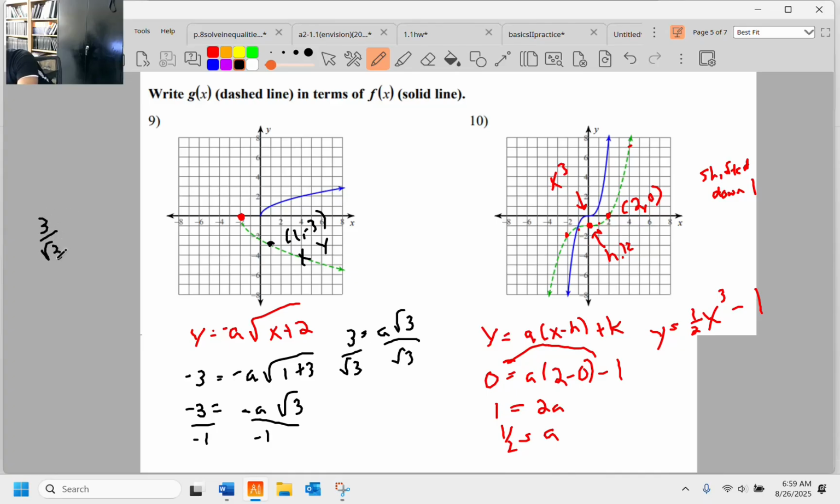And I say this every year, like your teachers taught you how to make that thing look pretty. You multiply the numerator and denominator by whatever the radical is, and you get 3 root 3 over 3, which is just hideous. So I don't believe that the author of this question did an extremely good job with it. We have a negative symbol, 3 root 3 over 3, square root of x plus 2.